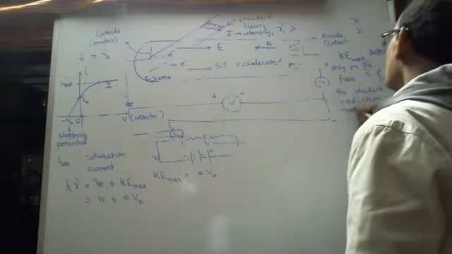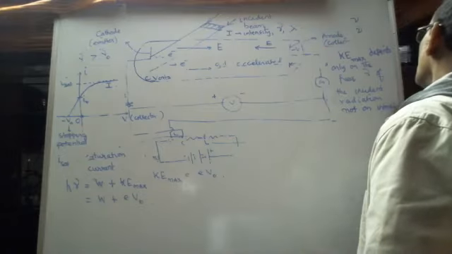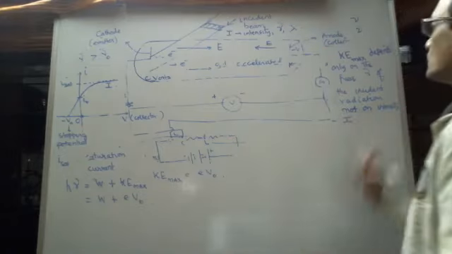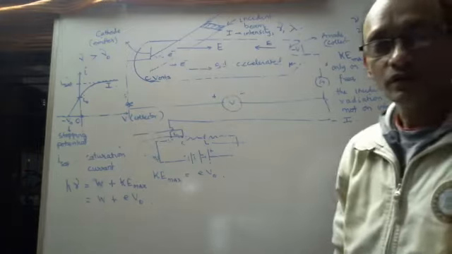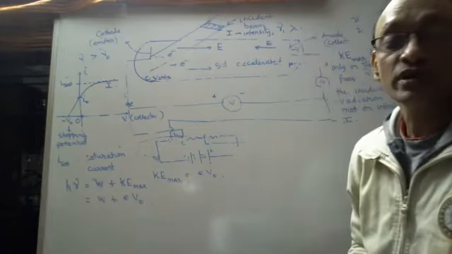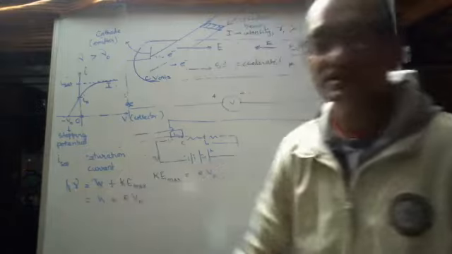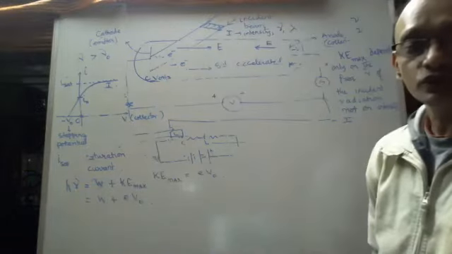Not on intensity. Intensity will tell you the number of photoelectrons produced, but the maximum kinetic energy of photoelectrons will depend only on the frequency of the incident radiation, nu.